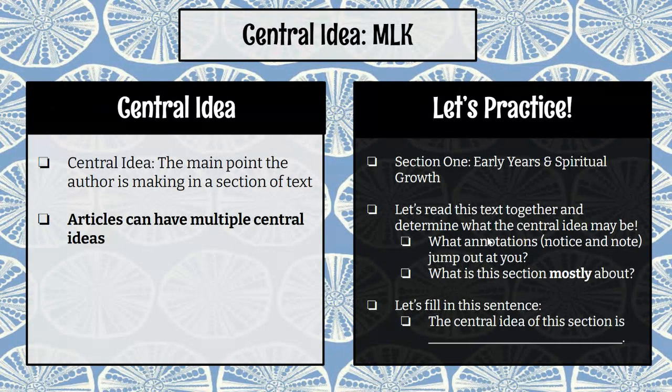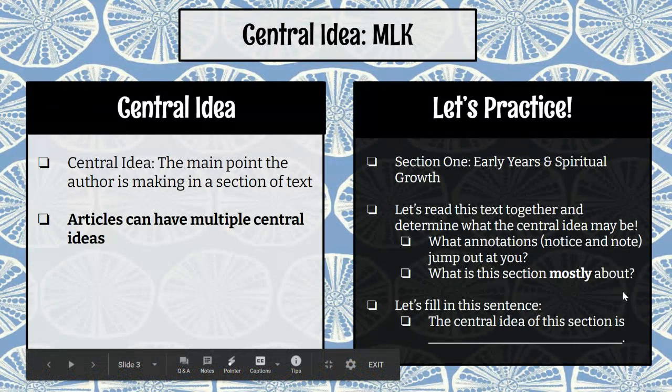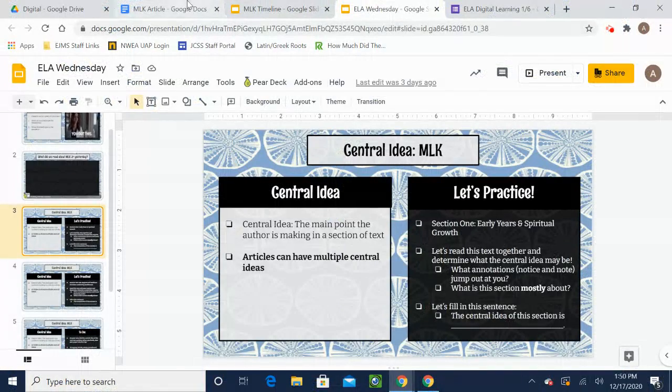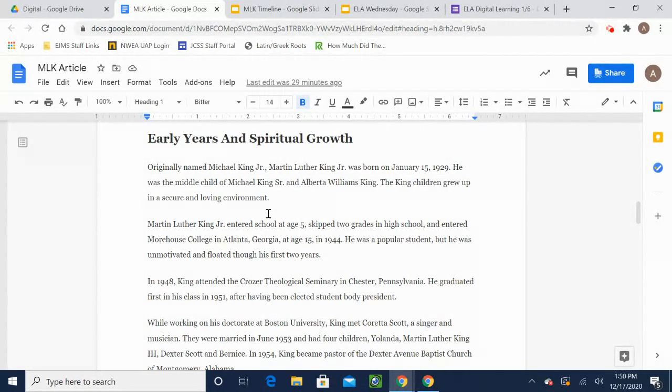While we're reading, we ask ourselves: which of the annotations, those things that we highlighted yesterday, jump out at you? And after you finish reading that one section, you ask, what is this section mostly about? So let's read, and then we will determine from there.